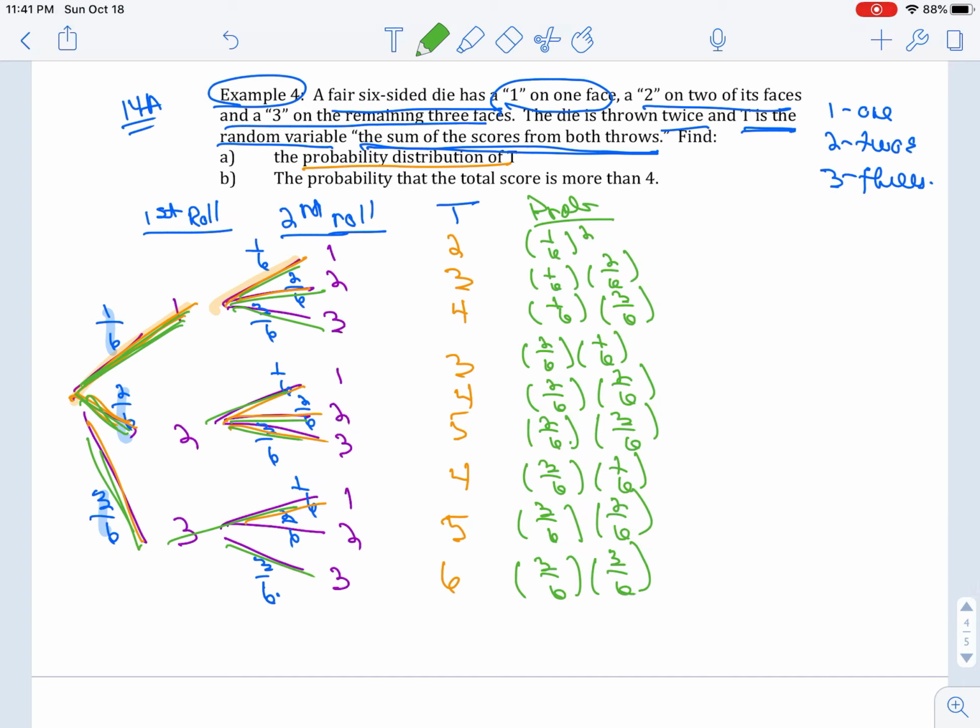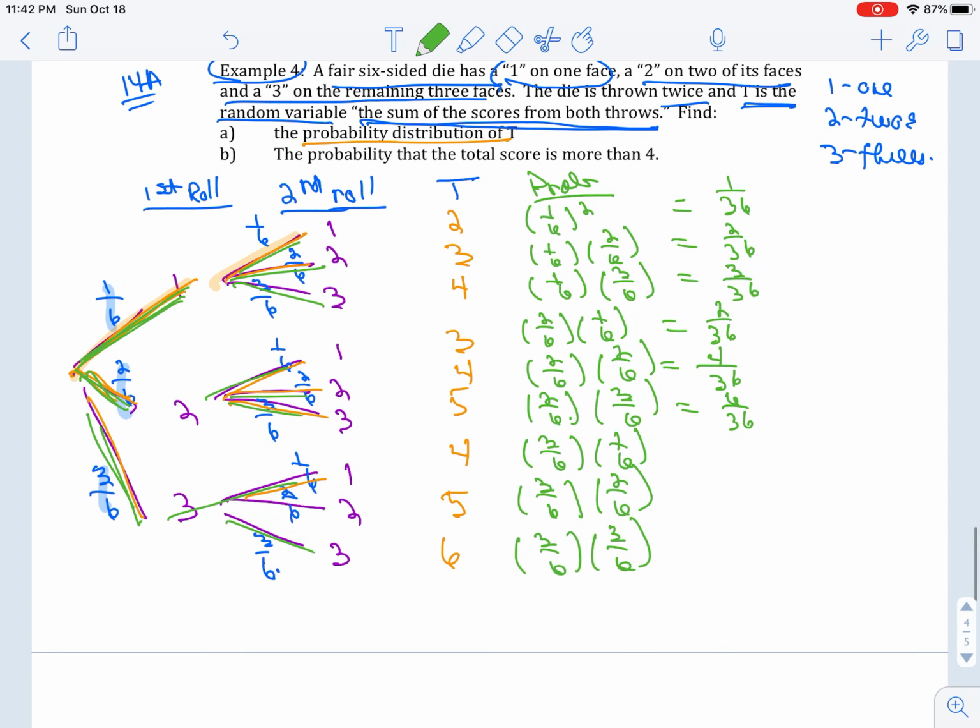If we multiply these out, we get 1/36, 2/36, 3/36. The next one is 2/36, 4/36, 6/36. I know it's getting hard to squeeze this in.